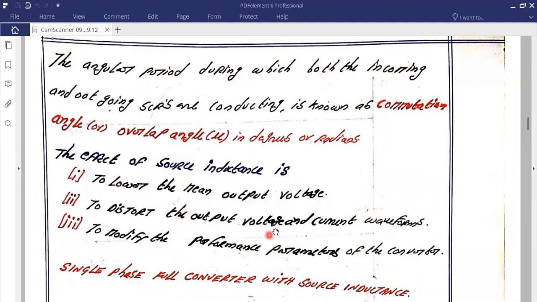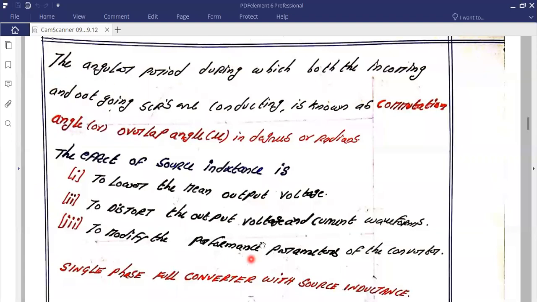Second, output voltage and current waveforms are going to be distorted. And third, performance parameters of the converter are going to be affected. We are going to consider these performance parameters in the next session.